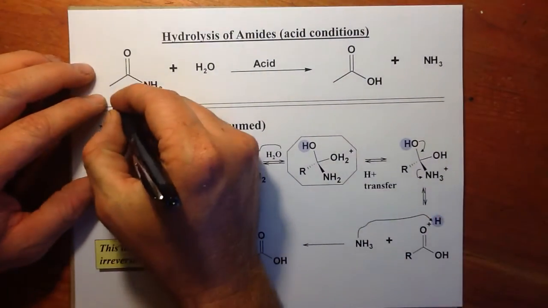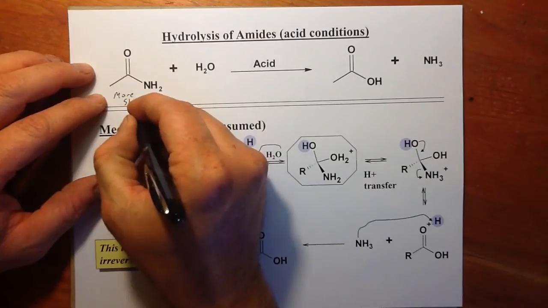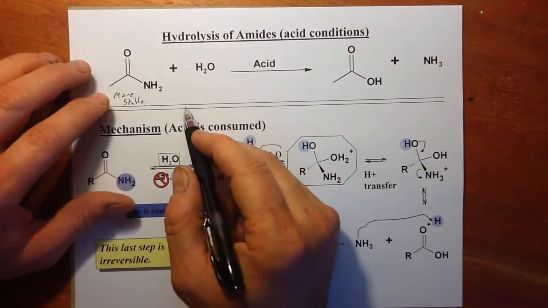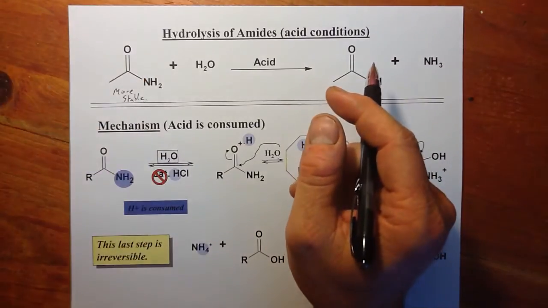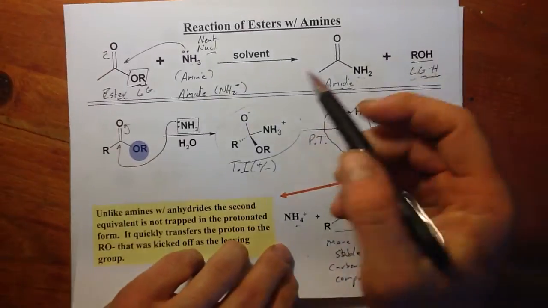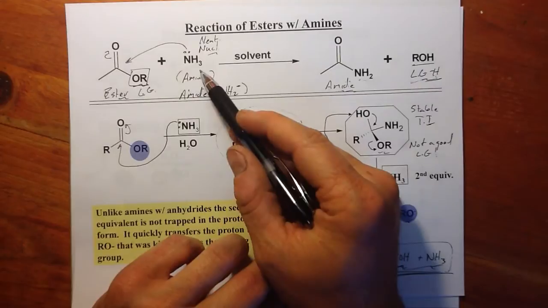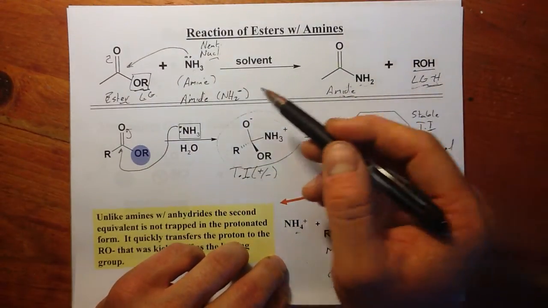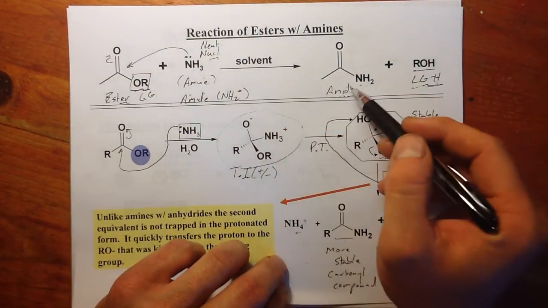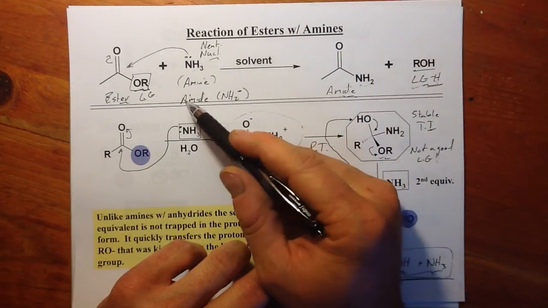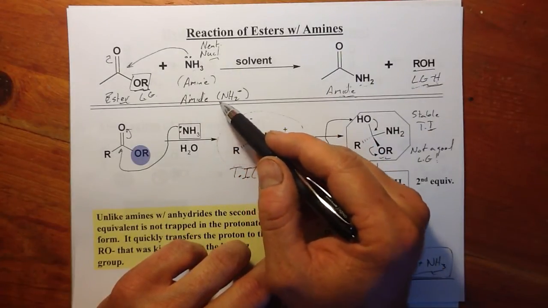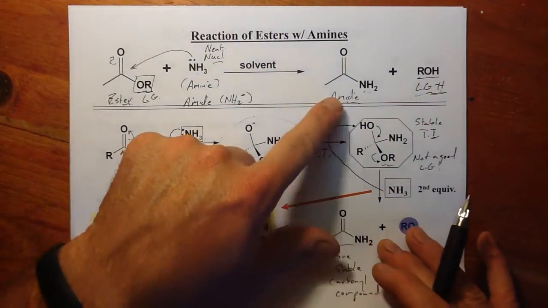We said these are more stable versus an ester, but that's when we don't have any acid conditions or strong base conditions. If we just have a neutral amine, we can have a reaction just to make the amide, or use the conjugate base of the amine, and we can have a very rapid reaction to make the amide.